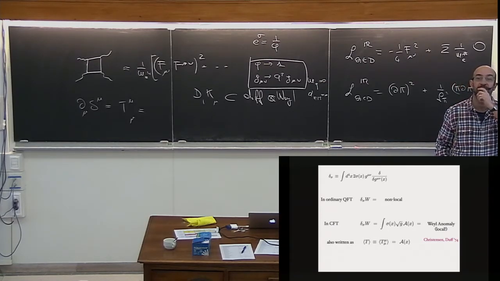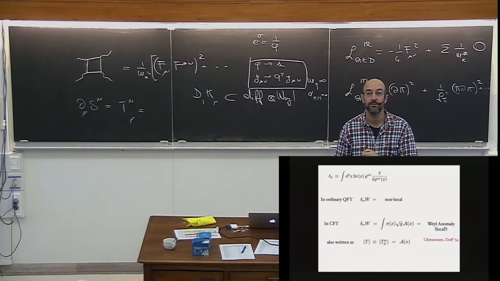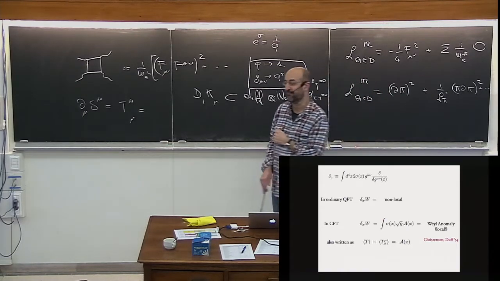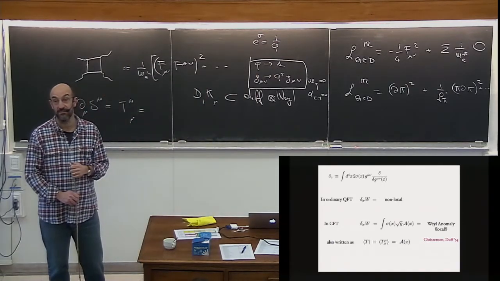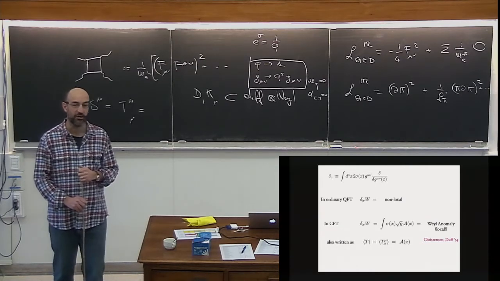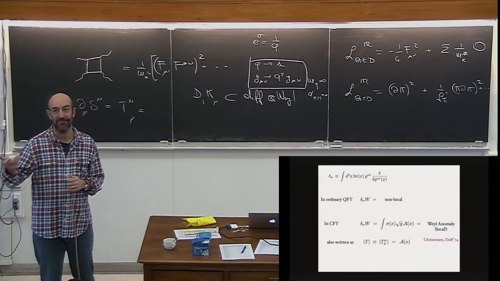Sorry? Not yet. Not yet, sorry. You're right. Sorry, thank you. I'm only adding the metric at this moment. If the theory had not been conformal, then I would have to compensate by changing the couplings.